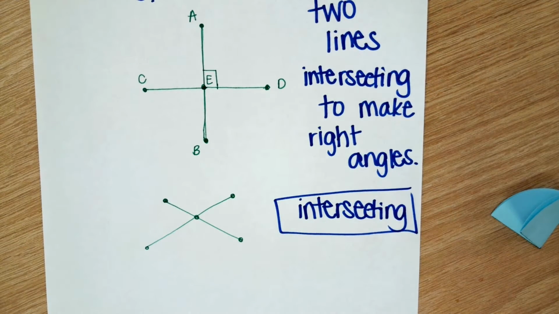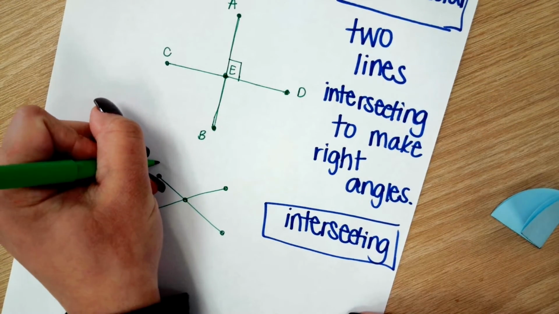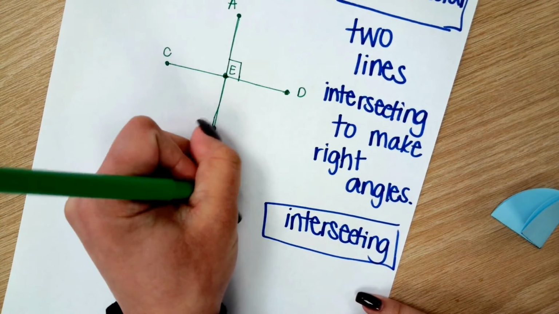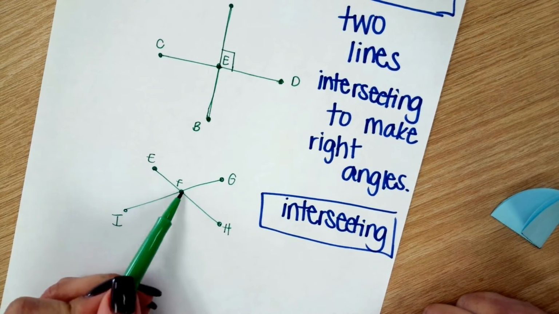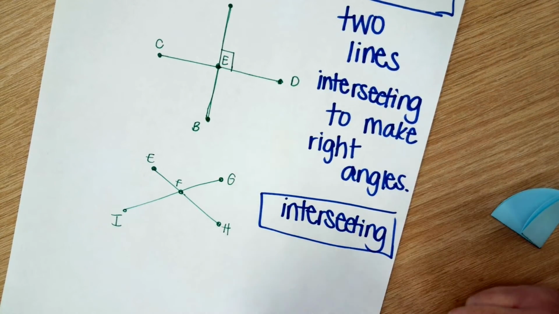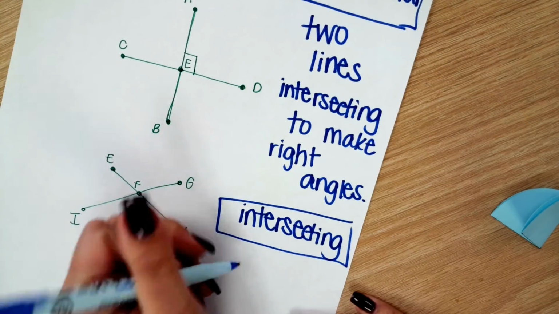When I have lines that are just plain old intersecting, they are 2 lines that cross to just make any old angle. So I could say this is E, F, G, H, I. So line segment EF and FG come together to form an obtuse angle. Not right. It is not perpendicular.